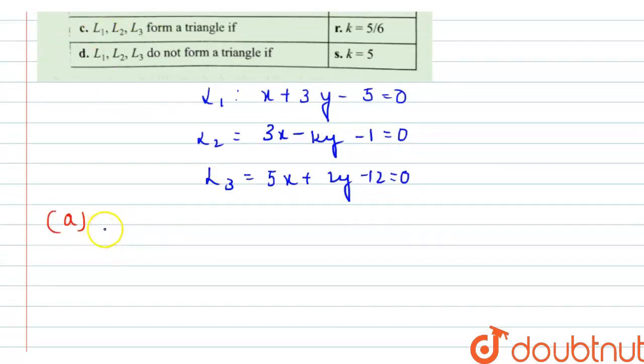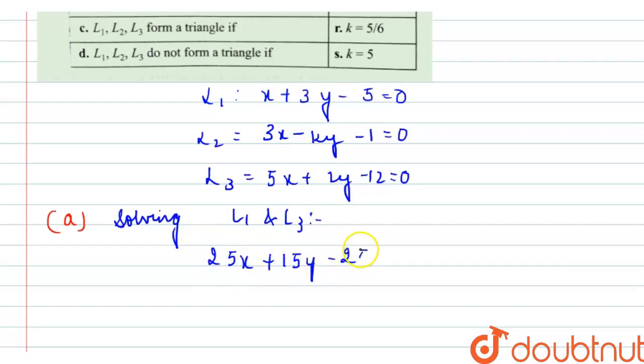For solving the first part, I'll be solving equations 1 and 3. So solving L1 and L3, I'll be multiplying the first one with 5. So it would be 5x plus 15y minus 25 is equal to 0, and the other equation will remain as it is, that is 5x plus 2y minus 12 is equal to 0.